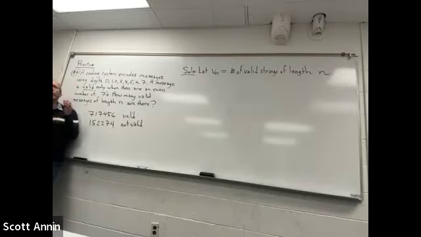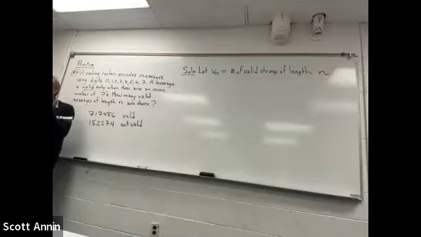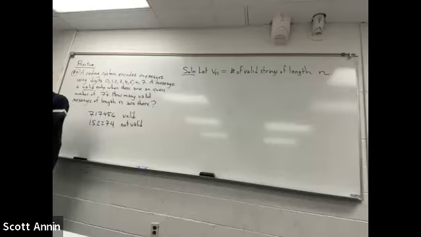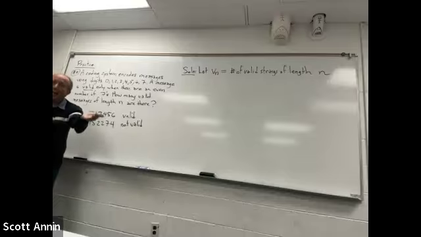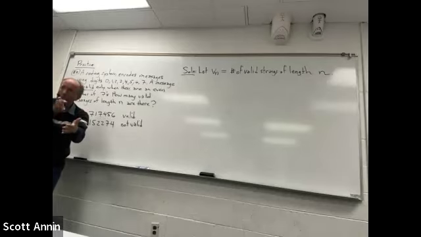So if we had a shorter string, let's say of length n minus 1, that shorter string might already be valid, or it might not. But either way, I could make it valid by how I chose the last digit.